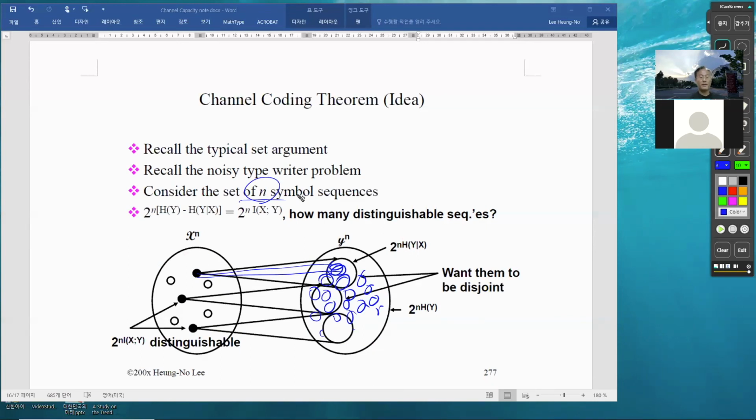We can select a smaller epsilon if we have large n. And basically, that's the key idea explained. Okay, so we will use this key idea in the proof of the channel coding theorem. Okay, having said that, I will conclude this part of the lecture.